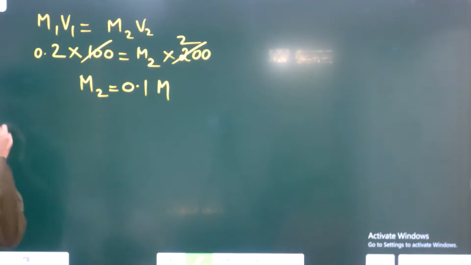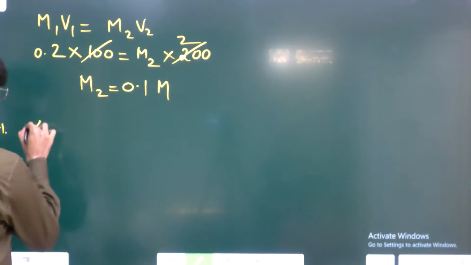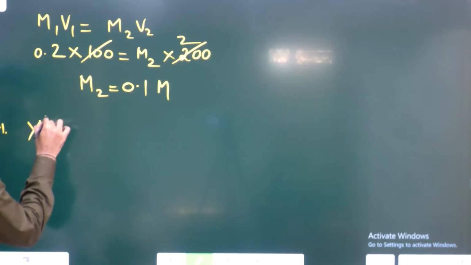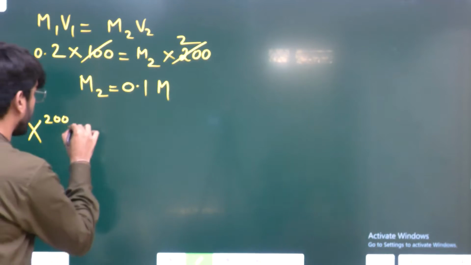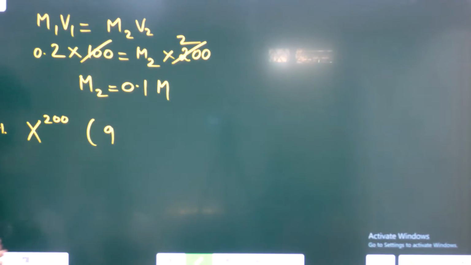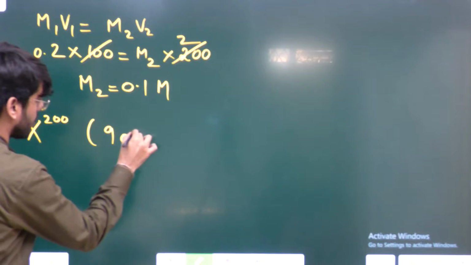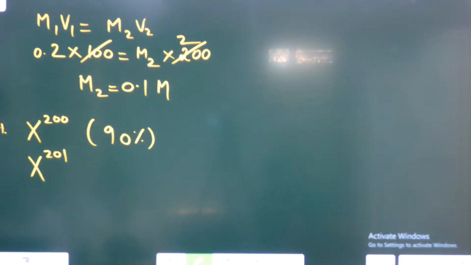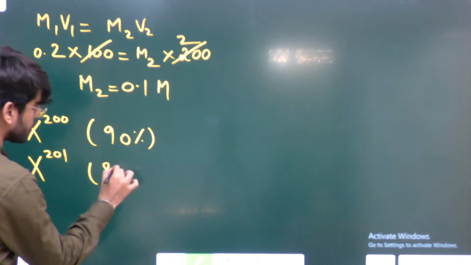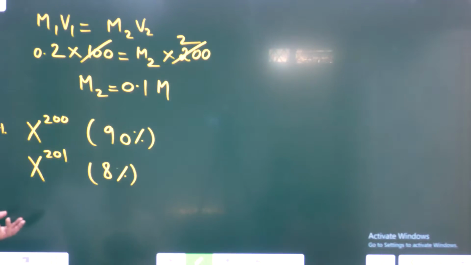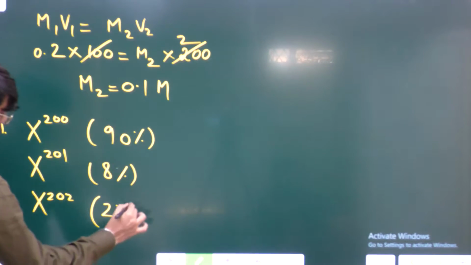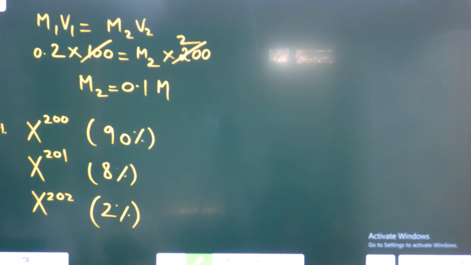Next question. Question number 4. I'm giving you the element X. X with the mass 200 and its percentage composition is given to be 90%. Then I have X201 with percentage composition 8%. And finally I have X202 that is 2%. These are the isotopes.